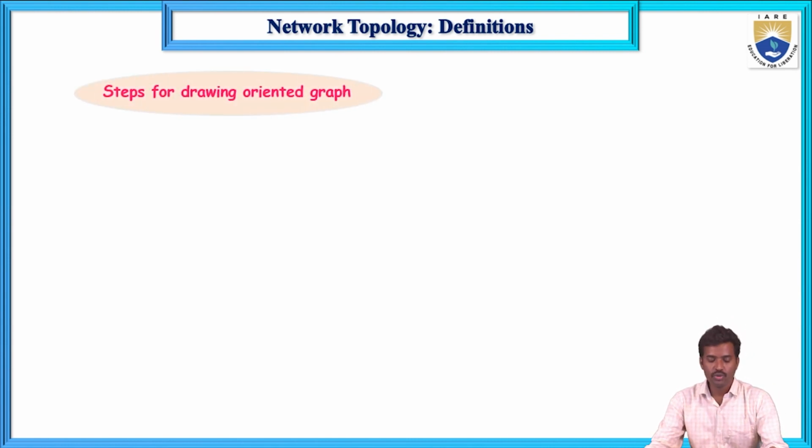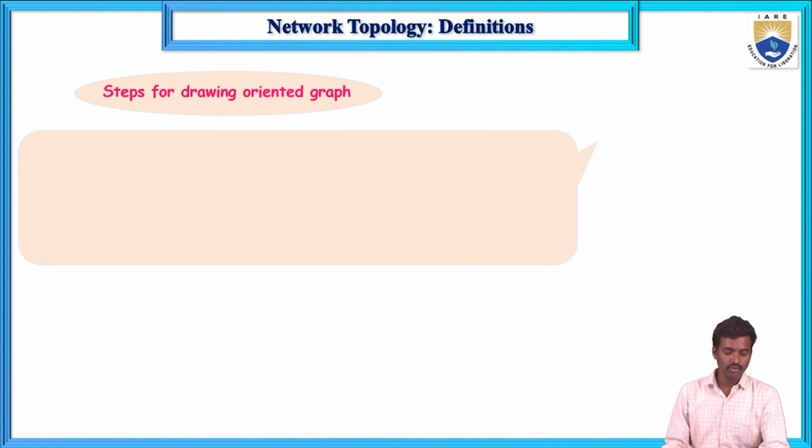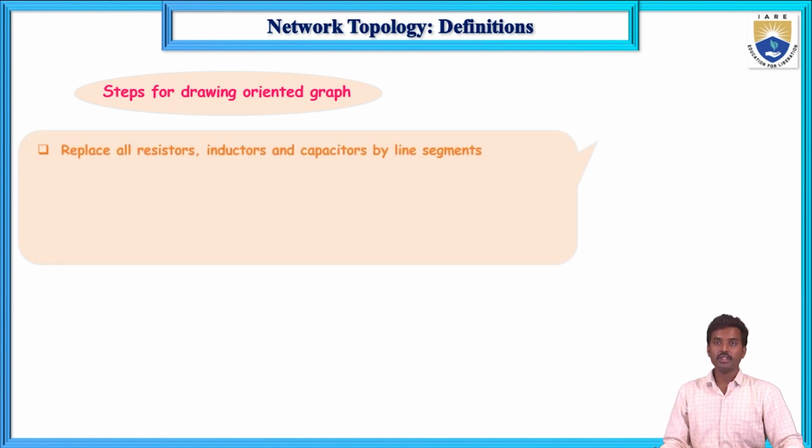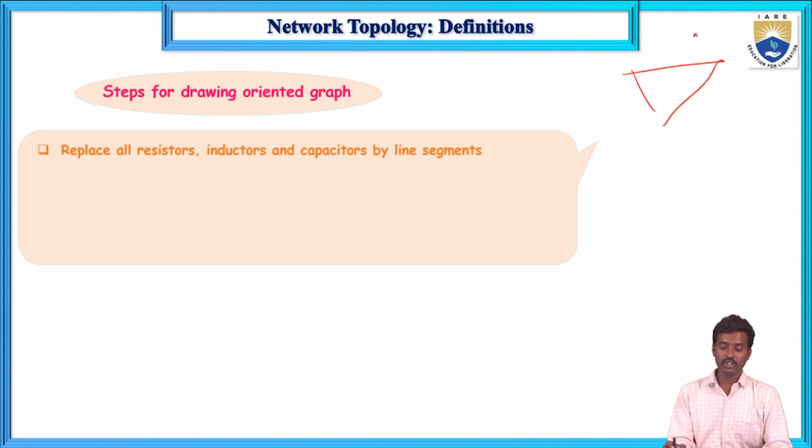Next, steps to draw the oriented graph. First, take the circuit. This is the circuit: resistor, inductor, capacitor, and this is the current source.